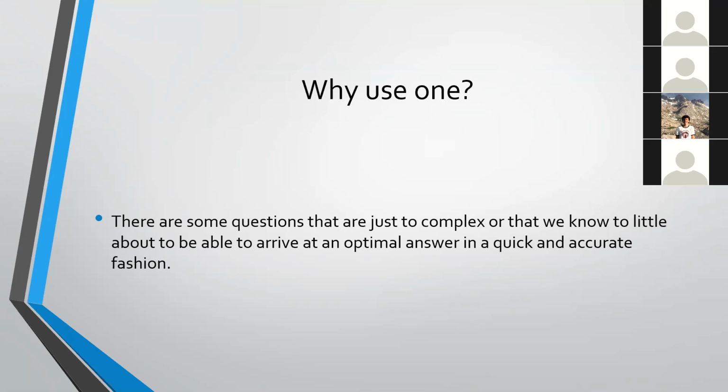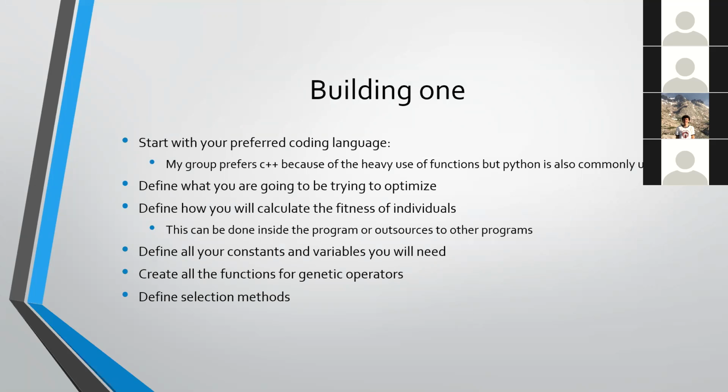So, how do you build one? First things first, you're going to need to know how to code. And you can code a genetic algorithm in just about any coding language as long as you can do random number generation and arrays of some sort.